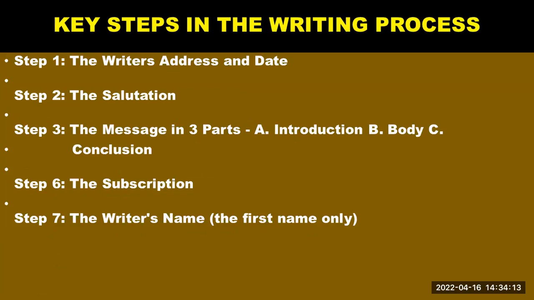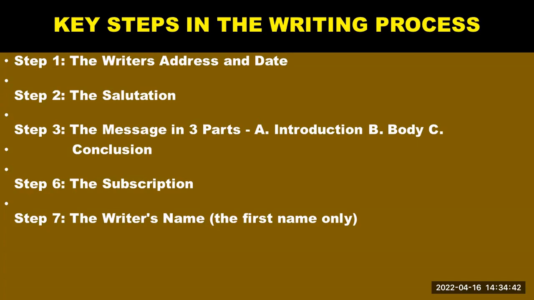If you are writing any piece of writing, then you do it according to its structure. So, step 1 is the first feature of the letter, you start by writing the writer's address and date. That's step number 1. You write your address and date.